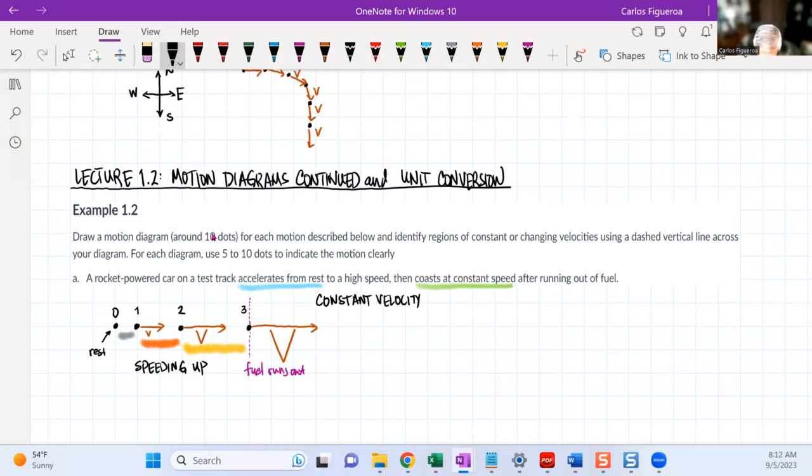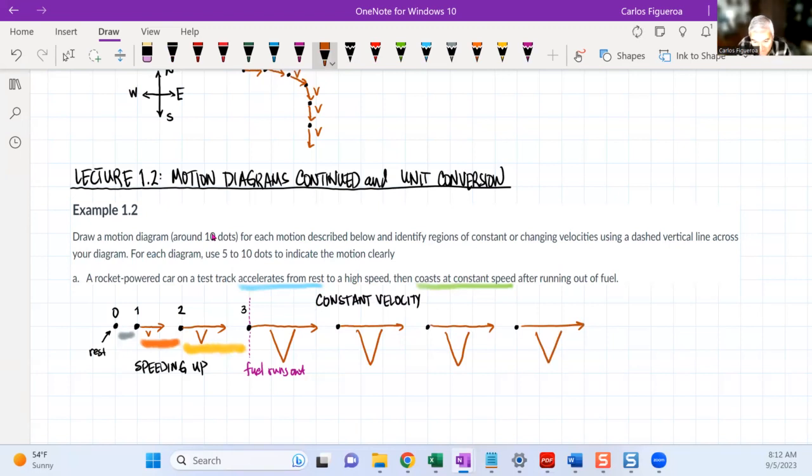The dots from 2 to 3 were 3. So now my dots are going to be 4. After that, my speed does not change. So therefore, my arrows are going to be the same length. And that shows constant velocity.